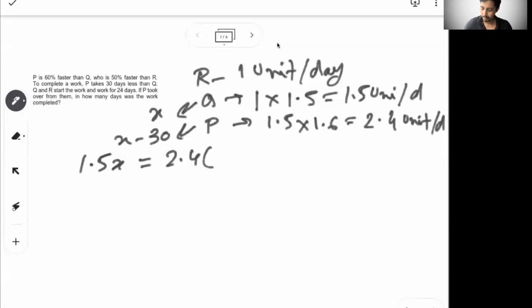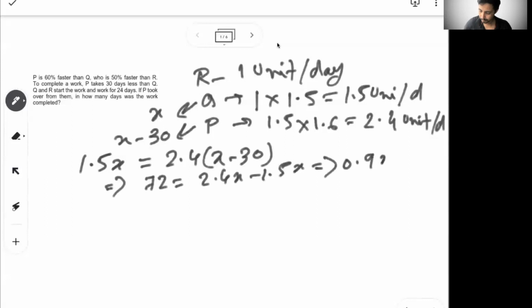Similarly, total work done by P should be 2.4 into (X minus 30). If we simplify this, 72 should be equal to 2.4X minus 1.5X, so 0.9X is equal to 72, or X is equal to 80.